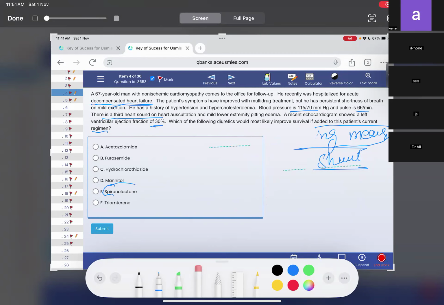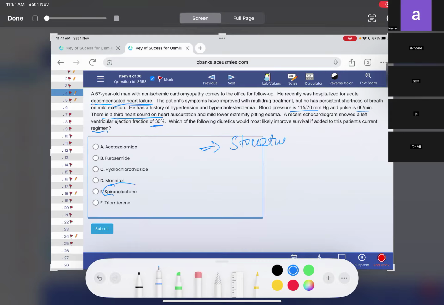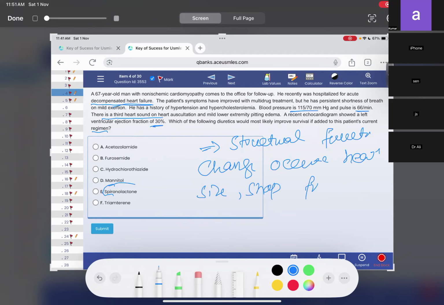Let me explain it clearly for you. Cardiac remodeling is any type of structural and functional change that occurs in the heart, in size, shape or function, in response to any chronic stress.